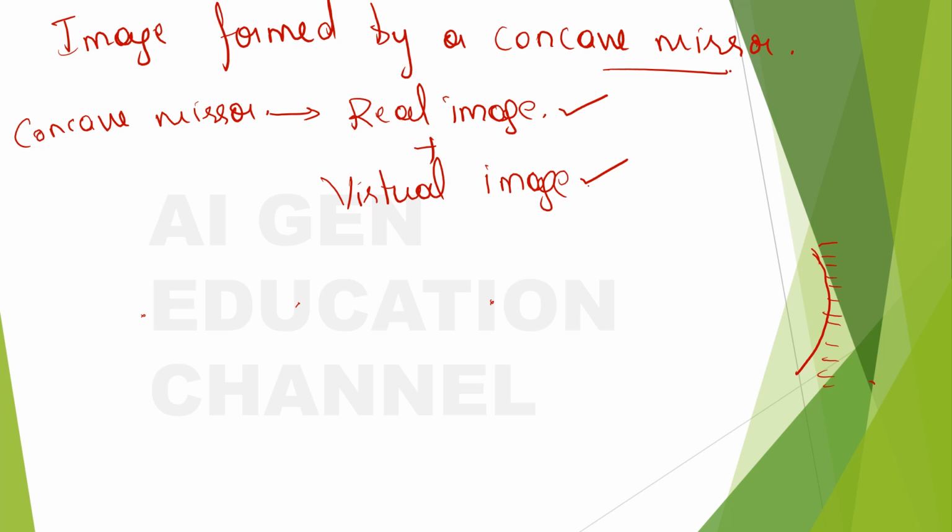And based upon this distance, okay, you will get this image. Like at some points you will get a real image which is inverted and also diminished, and at some point you will get the real inverted image which is exact, and at some other point an enlarged image which is real and inverted, and at some other place you will get an enlarged image which is virtual and erect. So let us see now.